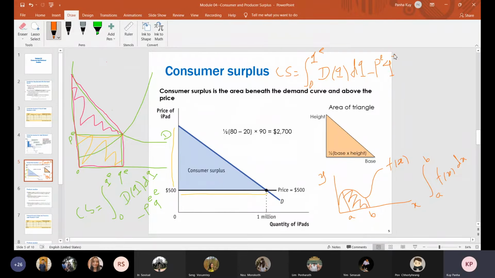Why do we need to minus this? Because this is the area here, okay? And we just have to calculate the area about here. We don't want to take this. That's why we need to minus this. Okay, but this integral here is going to be this surface here, the pink surface here.